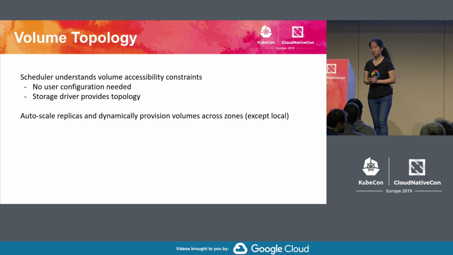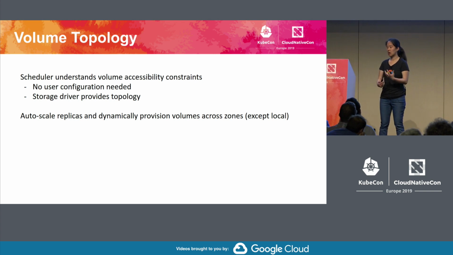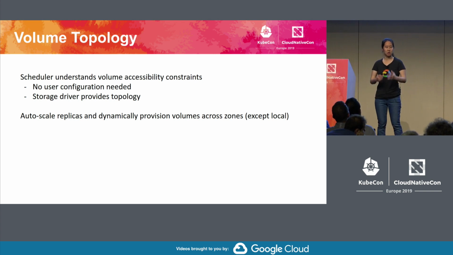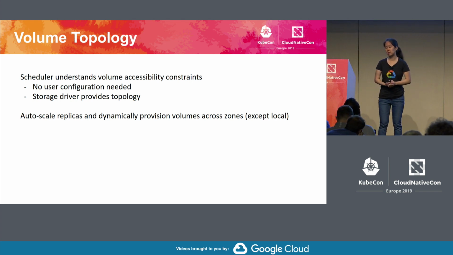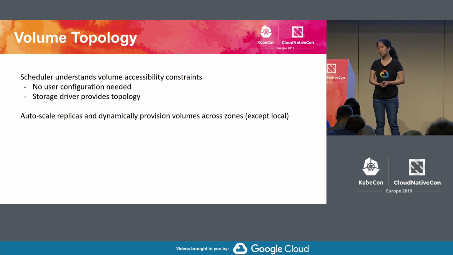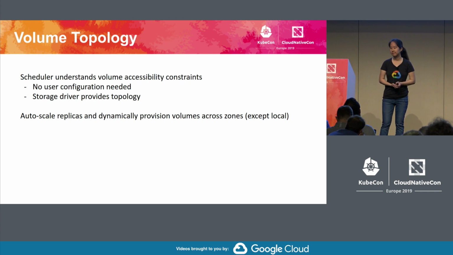There's no user configuration that you need to use this feature. It's the underlying storage provider giving this information to Kubernetes. But now you will be able to auto-scale your replicas and dynamically provision those volumes across zones.